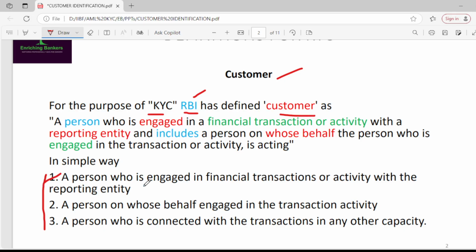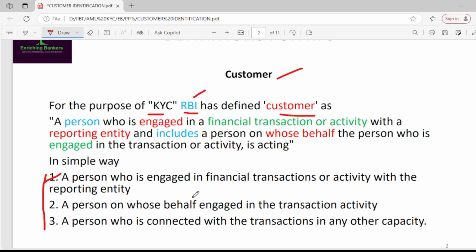First one, a person who is engaged in financial transactions or activity with the reporting entity. Here, reporting entity means a financial institution or a bank. So, a person who is engaged in financial transactions or activity with the bank or financial institution. For example, loan borrower.